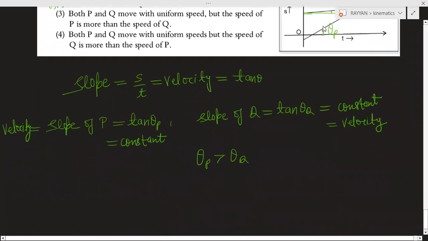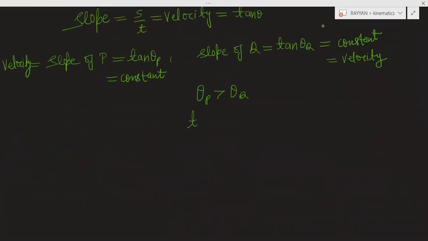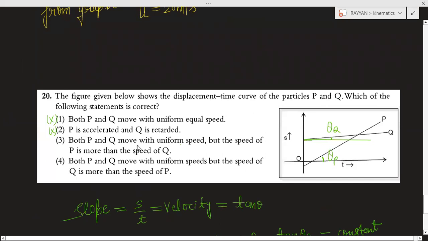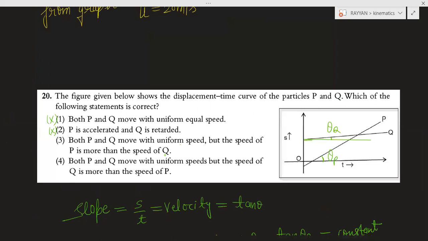So theta P is greater than theta Q, and you can write tan theta P is greater than tan theta Q. So you can say that the slope of P is greater than the slope of Q, meaning the velocity of P is greater than the velocity of Q. Now both P and Q are moving with uniform speed, but the speed of P is more than the speed of Q. This is the right statement.